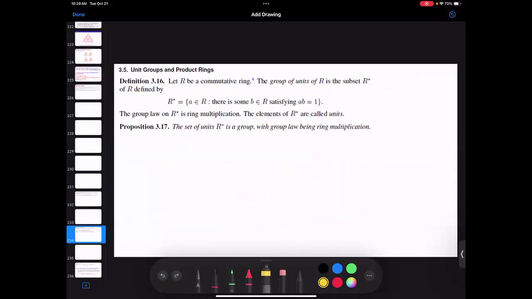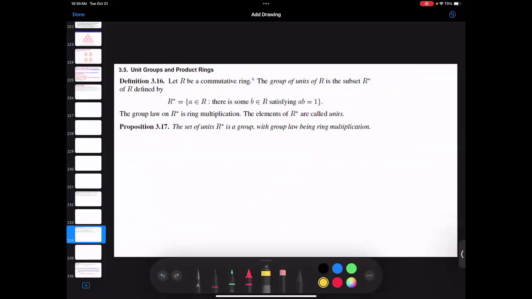Okay. So the next one is, let R be a commutative ring. The group of units of R is denoted by R star. And as a Bostonian, this is a fun thing to say. It's defined as the set of all elements A of R such that there's some B such that A times B equals 1. So these are the groups of units.